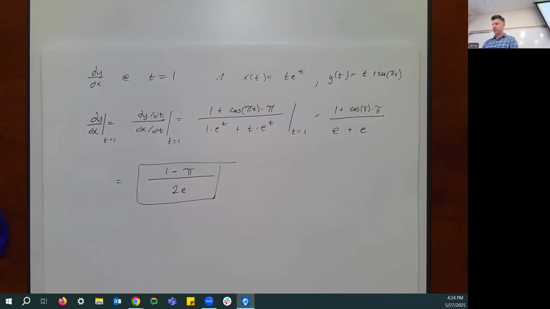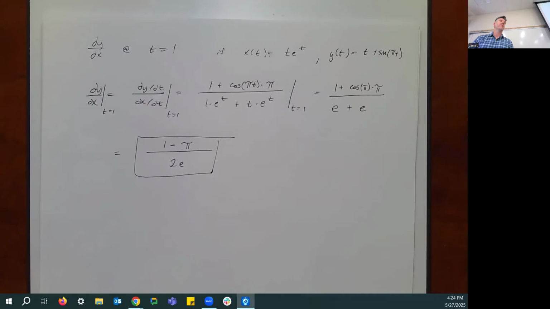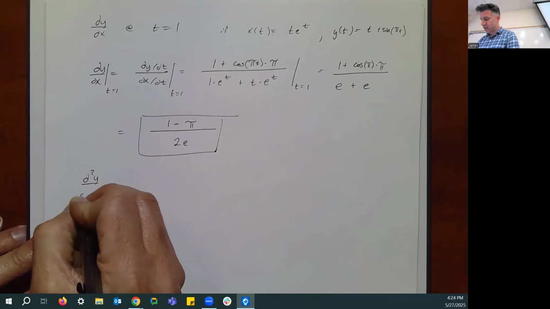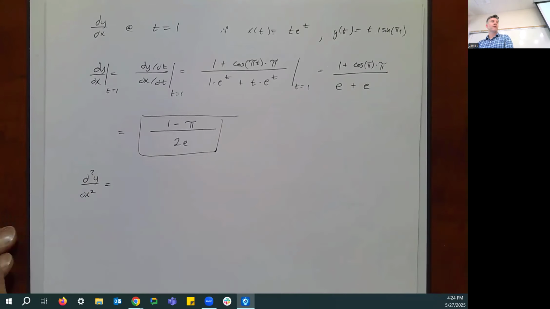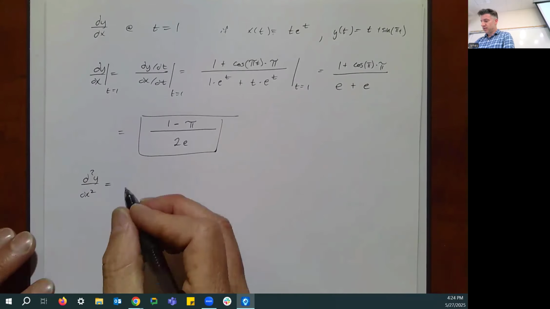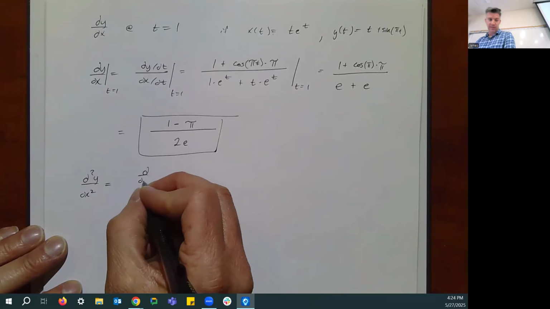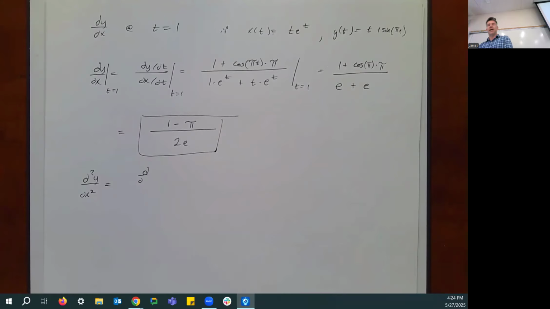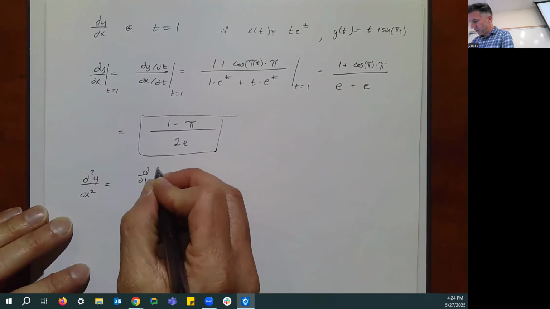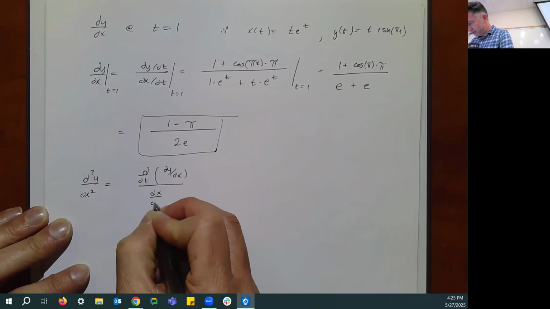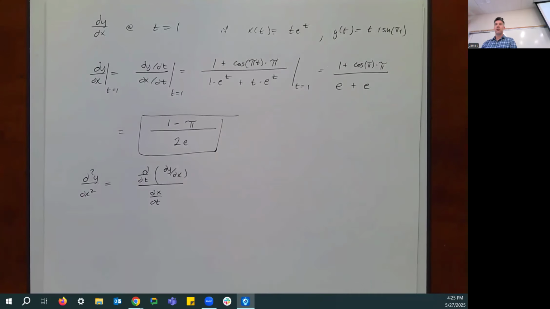What if he asked you to find the second derivative? Second derivative is a little bit trickier. So if I want to find d squared y/dx squared, do I remember what it is? It's d/dt of your dy/dx over dx/dt.